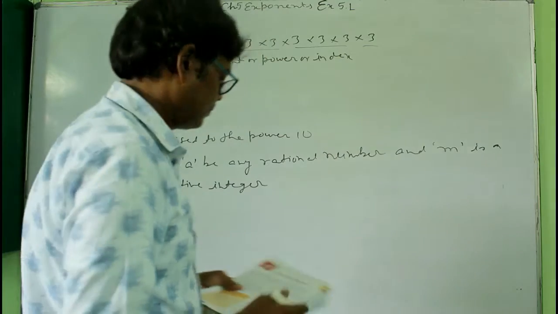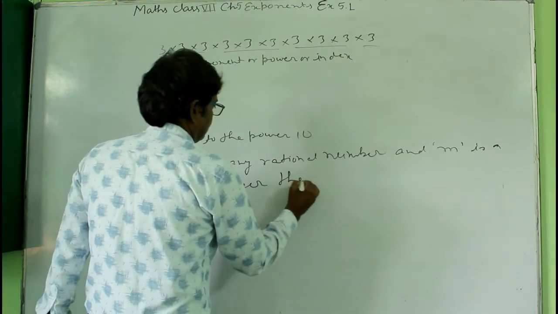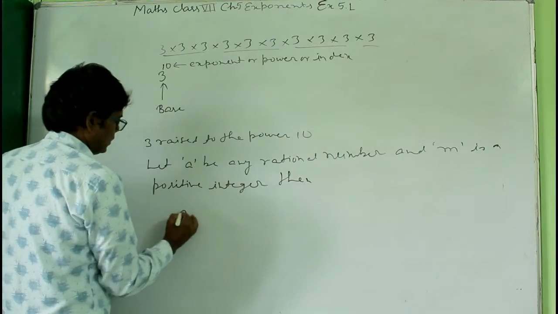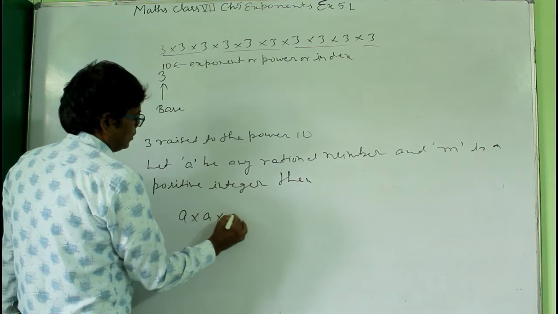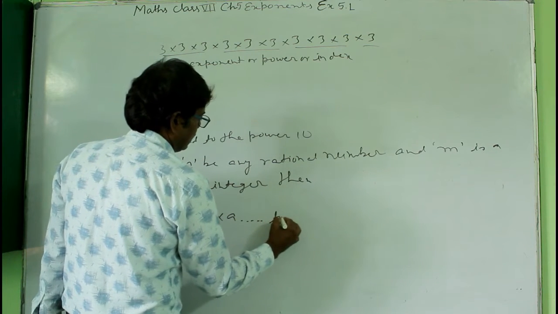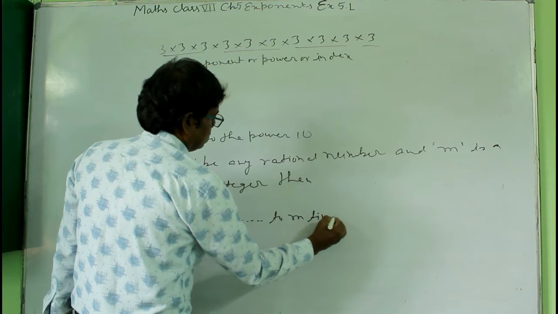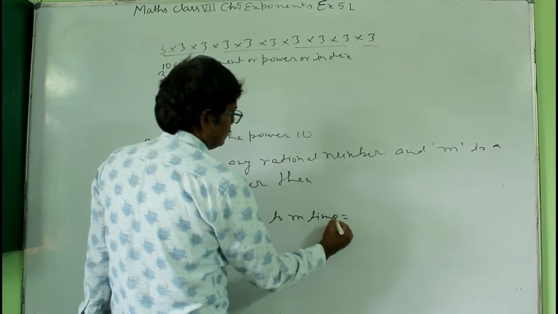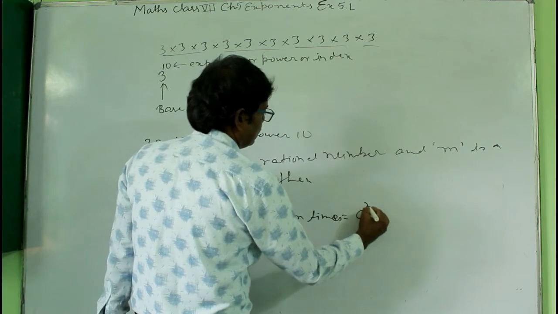Then we will write a into a, m times, equal to a to the power m.